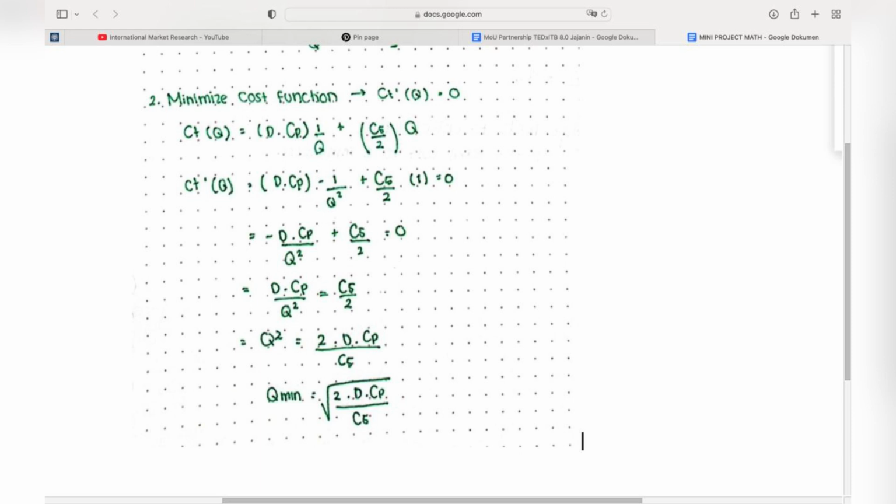So the result is Q min equals the square root of 2 times D times CP divided by CS. The result that we got is the economic order quantity. It tells us the best amount of stock to order to minimize the total cost of ordering and storing inventory. This balance ensures that we don't overpay for frequent orders or hold too much inventory, thus creating more profits for the company.